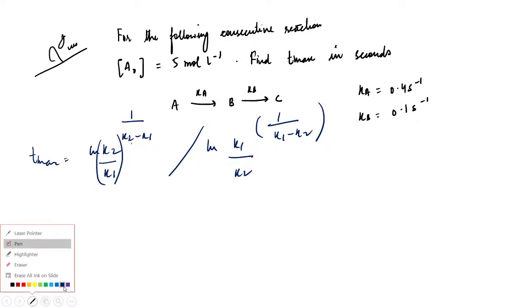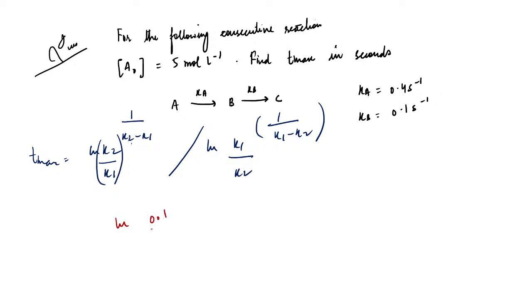Okay, now you just need to substitute the values. So this is ln 0.1 by 0.4, divided by 1 upon 0.1 minus 0.4. This is how you can calculate this value. I hope it's clear to all of you what answer you're getting after this calculation. 4.62, right?